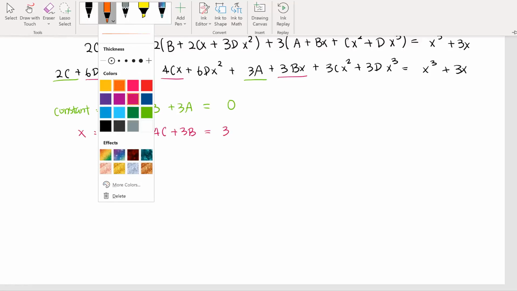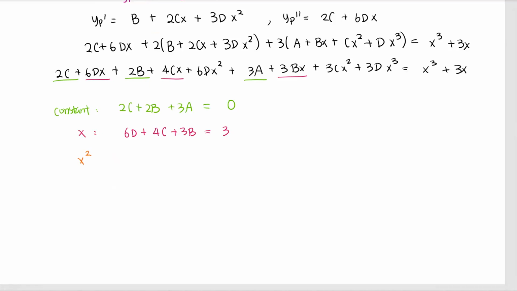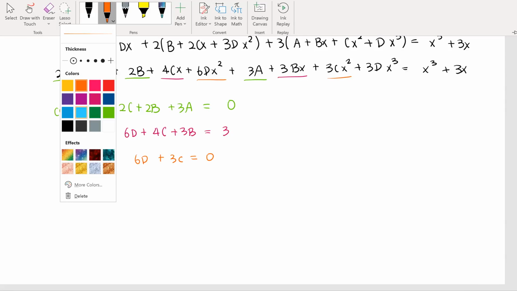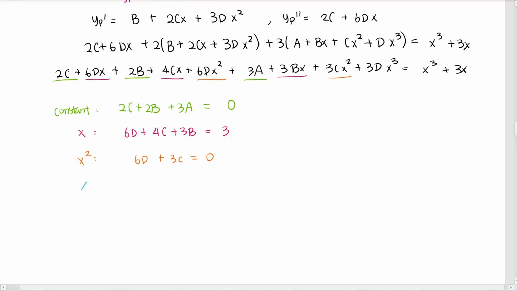How about the x squared term? 6d, 3c, that's it for the left, and on the right we have nothing, so 0. And the last, x cubed: we have 3d equals 1. Right, everybody? Let's solve it.